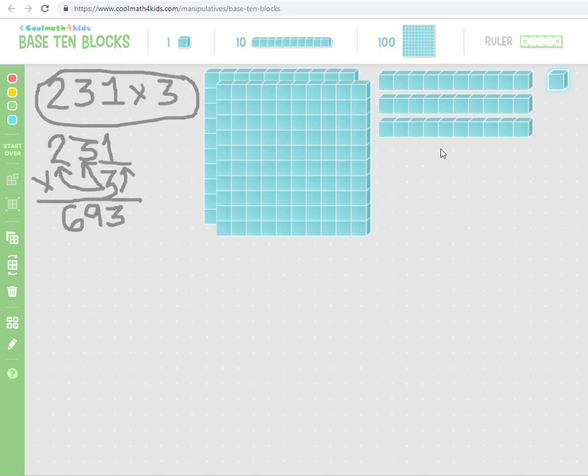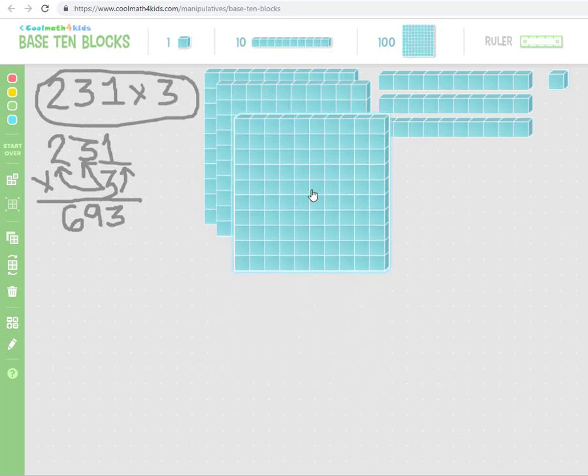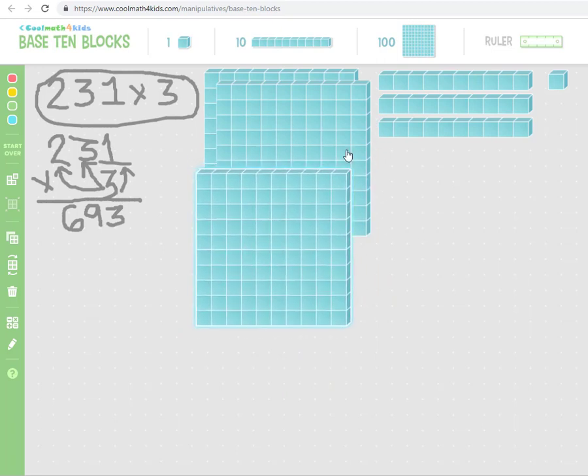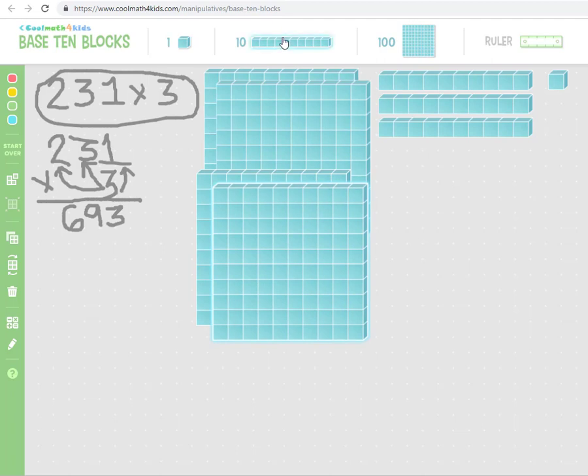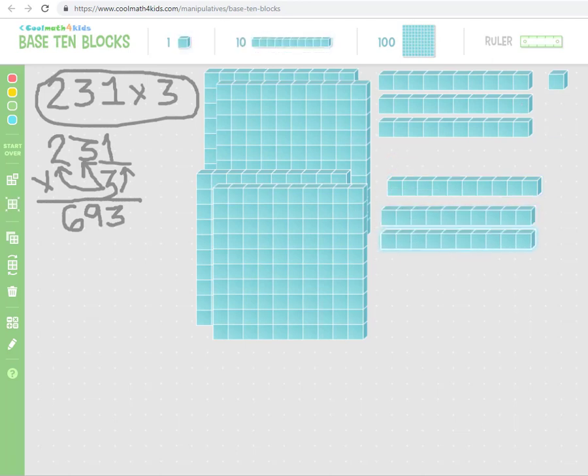Now, what am I saying if I say 231 times 3? Well, one way to think of it is that I have the number 231 3 times. So let's take this exact configuration and repeat it. We need this exact same configuration 3 times. So now I'm going to grab another 200s, and I'll overlap them a little bit to give myself room, but hopefully you can see there's another 200s and another 30, 231.